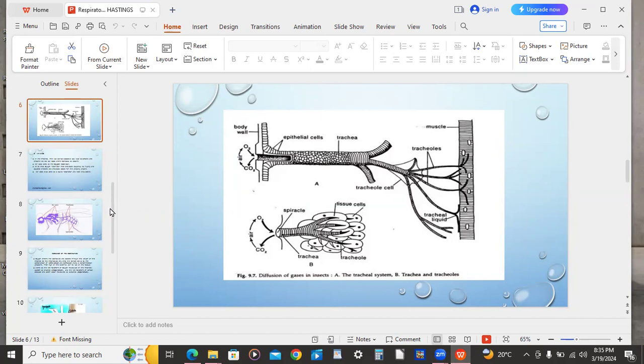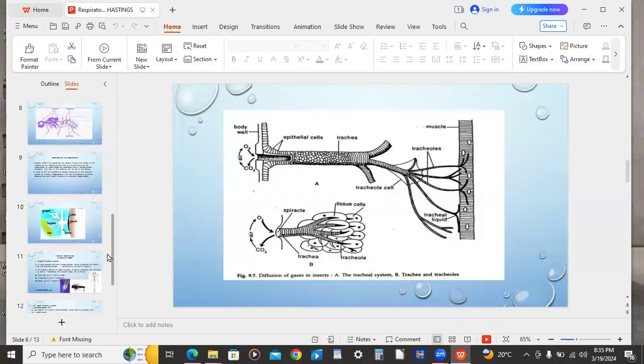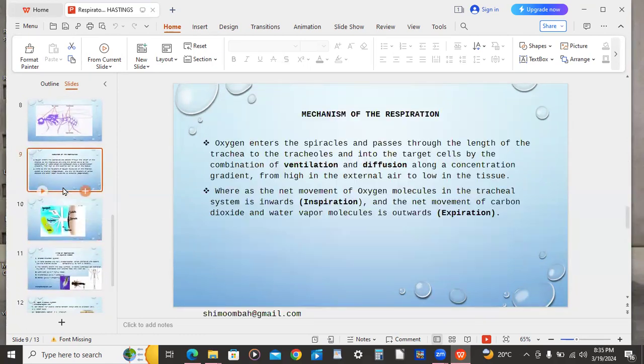Okay, so there is the net movement of oxygen molecules in the tracheal system inward, called the inspiration, and the net movement of carbon dioxide and water vapor molecules outside the body of an insect, called the expiration.